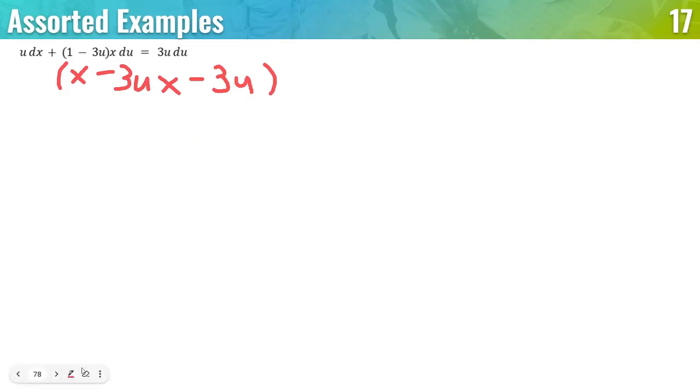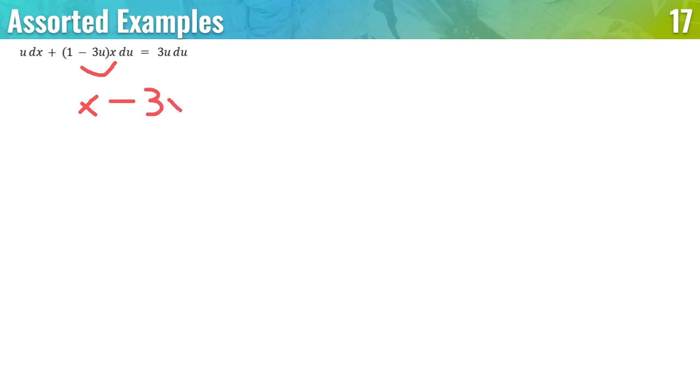So next, let's check if it's homogeneous. We have u. This is 1. This is 0. This is 1. Oh, wait. Sorry. Rather, we have to distribute the x first. So it's going to be x minus 3ux or 3xu.